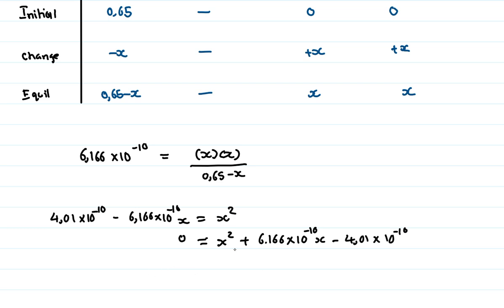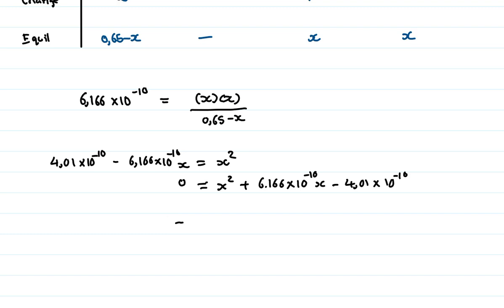So you can plug that into a calculator and solve for the value of x. And x is equal to 2 times 10 to the power of negative 5. Since x represents the equilibrium concentration, this is a concentration.